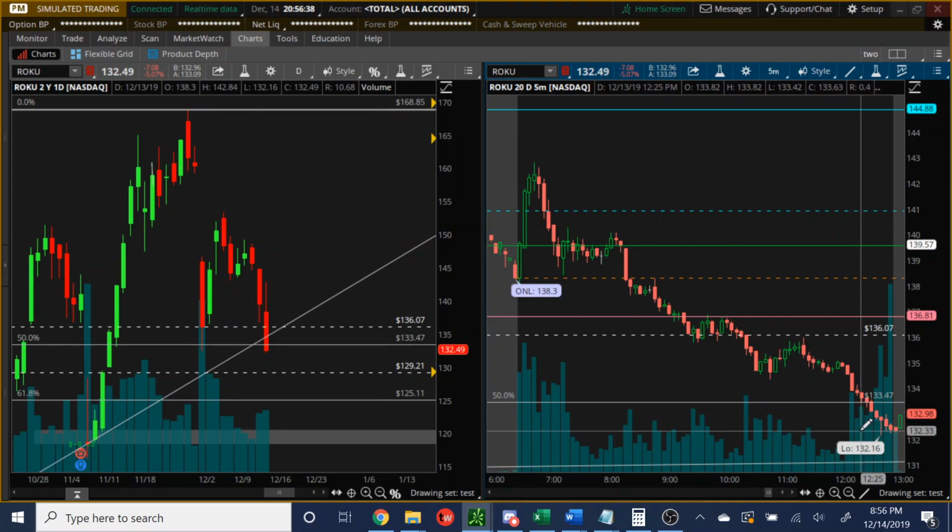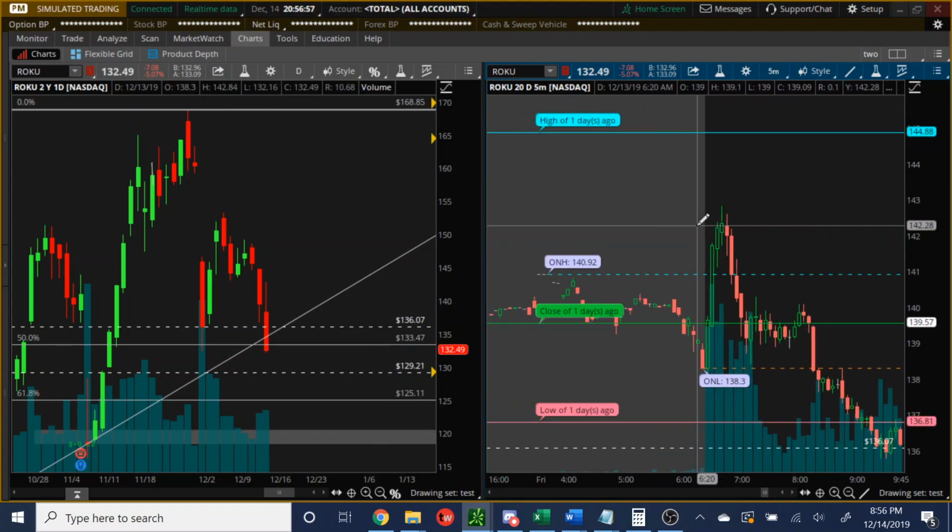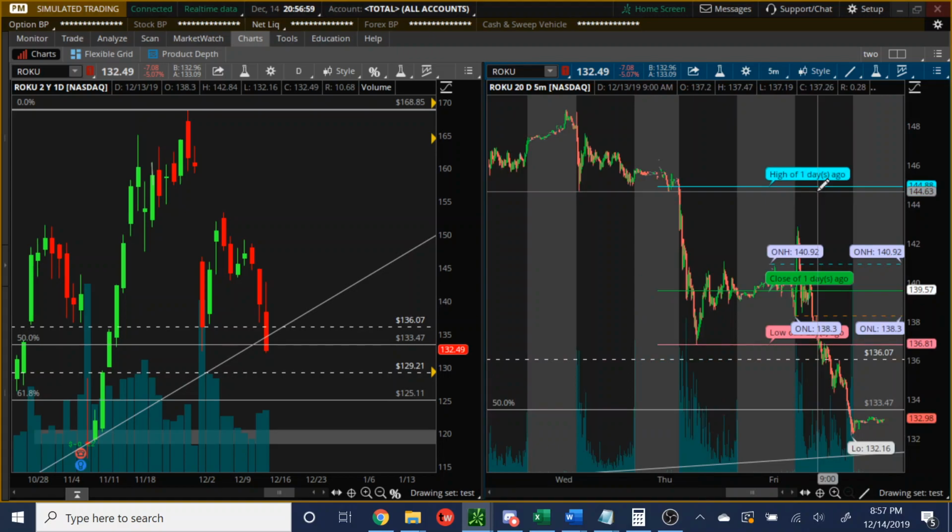Pretty damn close. That's where you could exit another part or all of your position since it was the end of the day. And that's how I intraday trade breakouts, using the daily chart for bias and for important levels, and using these intraday levels for the intraday breakouts.